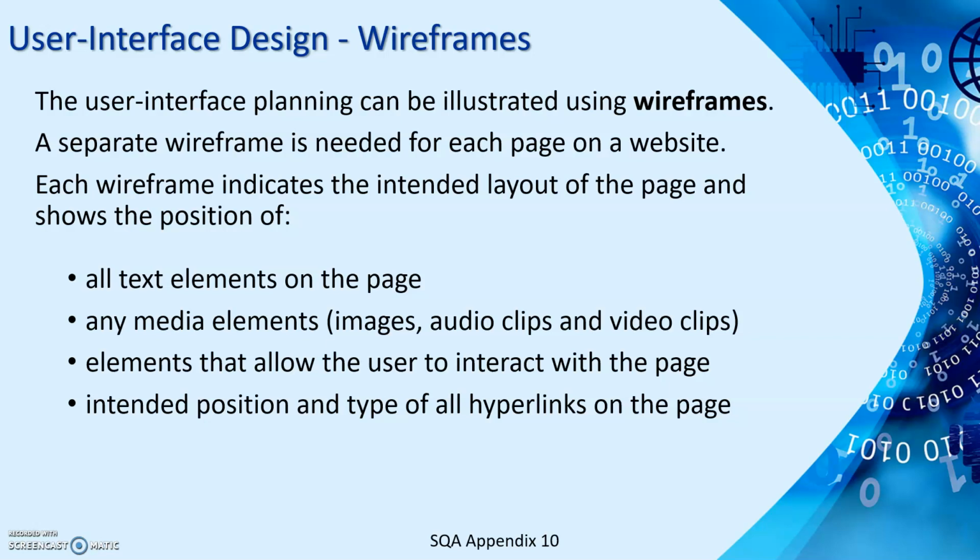A separate wireframe is needed for each page on a website, and each wireframe indicates the intended layout of the page, and it will show the position of all the text elements on the page, any media elements, so images, audio clips, video clips, elements that allow the user to interact with the page, and the intended position and type of all hyperlinks on the page. By type, we mean internal or external. And here, we're moving on to SQA appendix number 10.